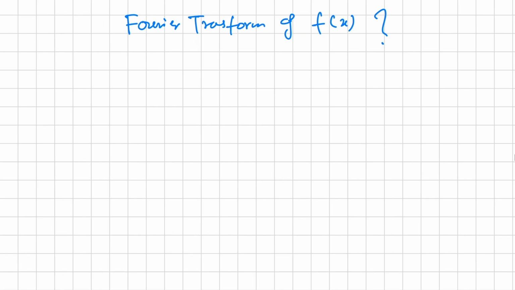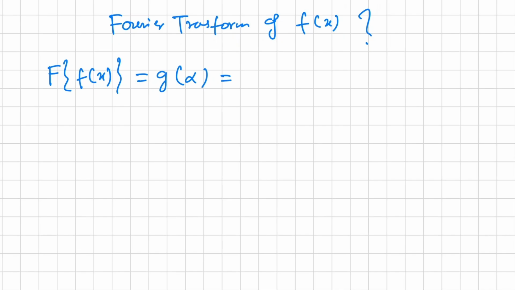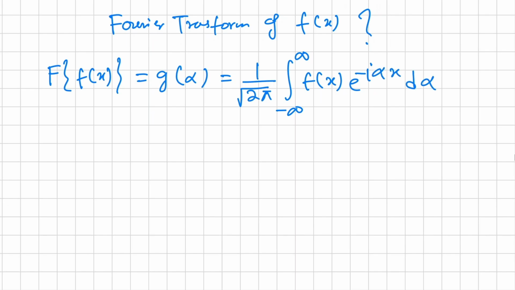So now if somebody asks you what is the Fourier transform of f of x, you just need to calculate the function g of alpha, which is given by 1 over square root of 2 pi times the integral going from minus infinity to infinity of f of x times e raised to the power minus i alpha x dx.